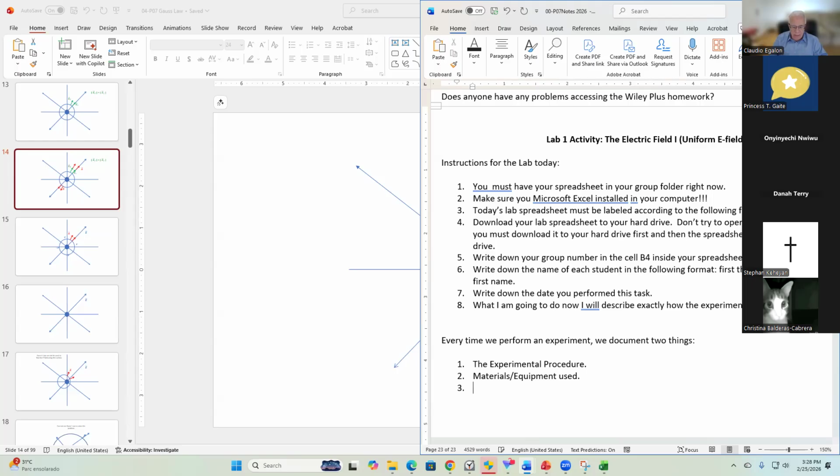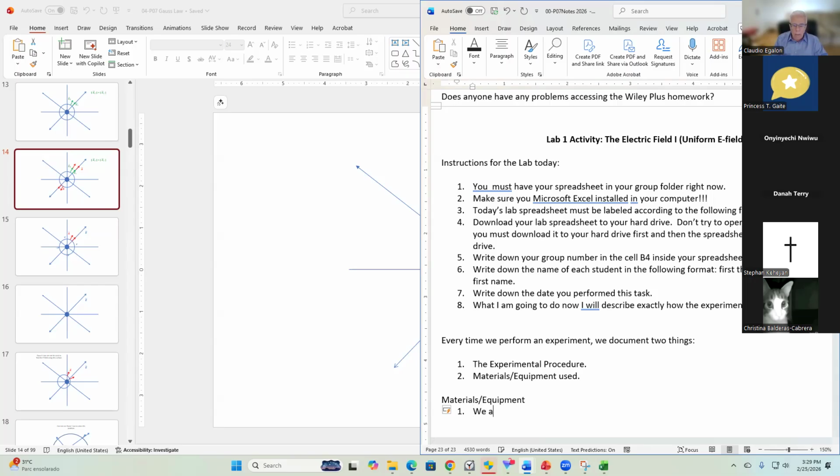And the first thing that we are going to use in this lab that you have to know, materials slash equipment.